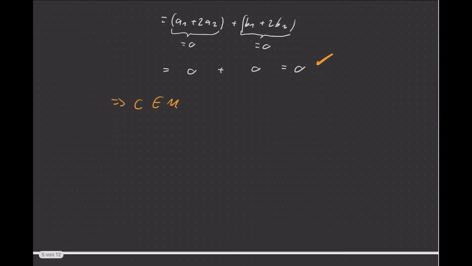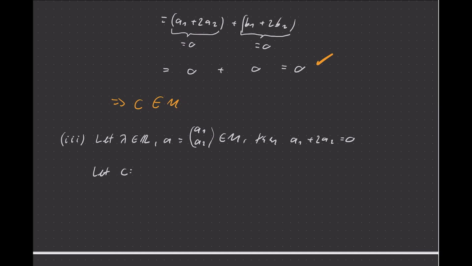And condition number 3 works pretty much in the same way. It's even a little easier. So let's take a scalar, lambda in R. Let's again take a vector a in U. And as before, we know that a1 plus 2a2 is 0. Define c to be lambda times a.